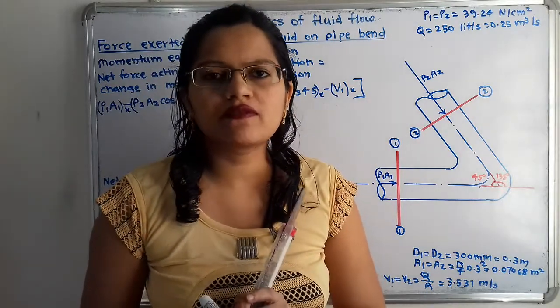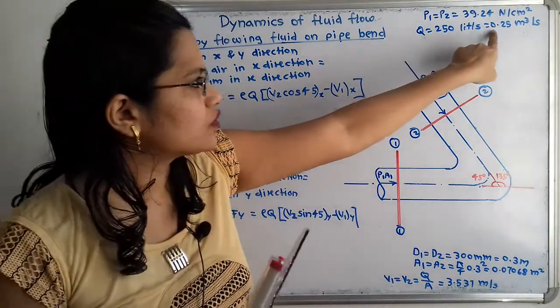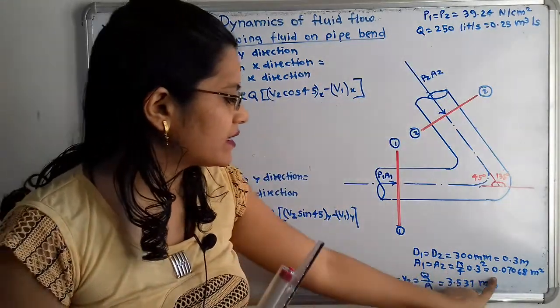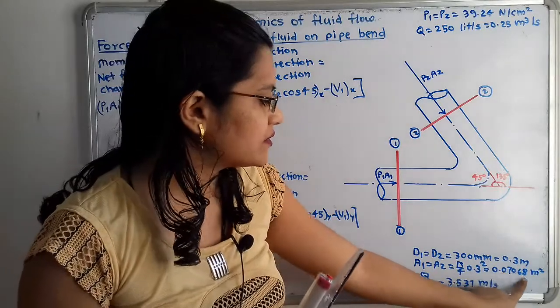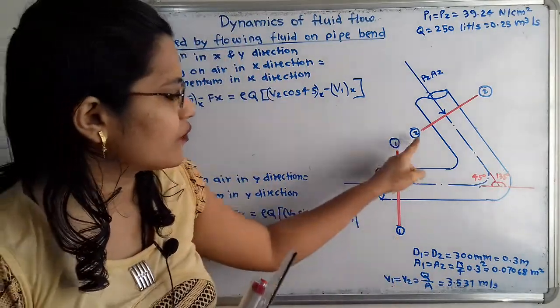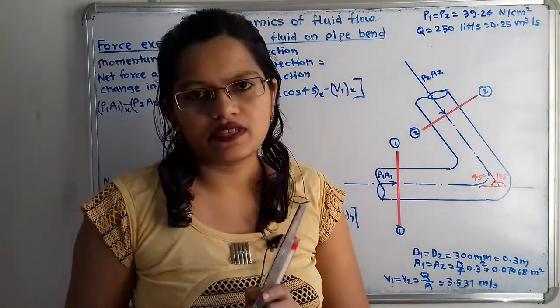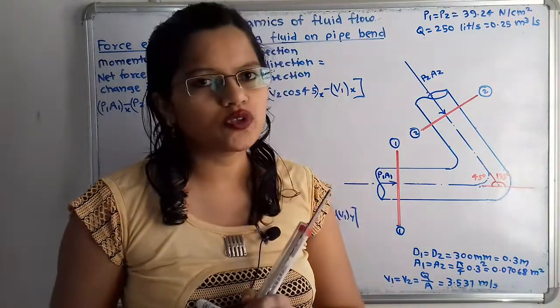Then how to calculate the velocity? Velocity is equal to Q by area. So Q, that is discharge, 0.25 divided by area 0.07068. When we calculate this, we will get velocity at sections 1 and 2 as 3.537 meter per second. Again we have to show the velocity.